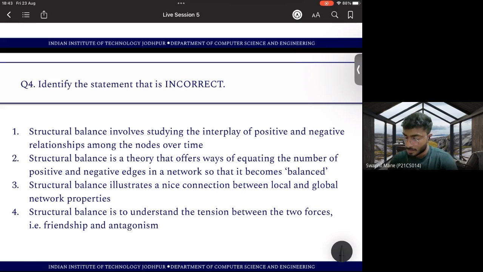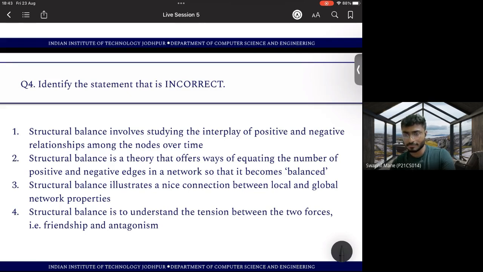In this question, we need to find out which statement is incorrect. So I will read the statements. The first statement is that structural balance involves studying the interplay of positive and negative relationships among the nodes over time.